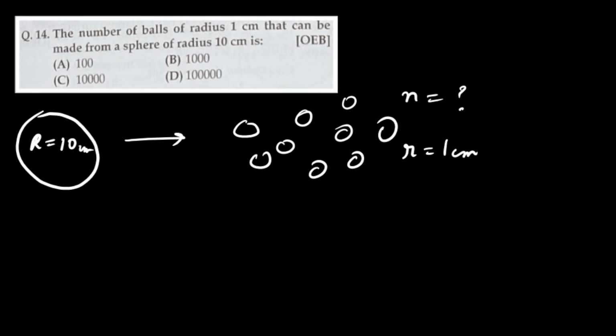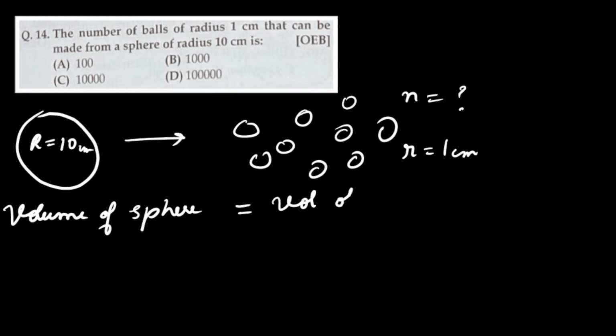Because it is recasting, one sphere is recasted to so many smaller spheres. So still we will be using the formula of volume only. Volume of bigger sphere is equal to volume of n small spheres.